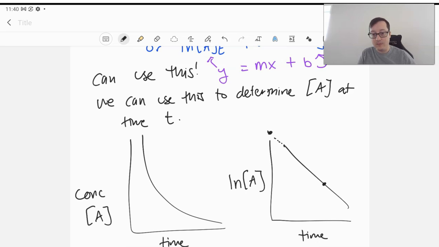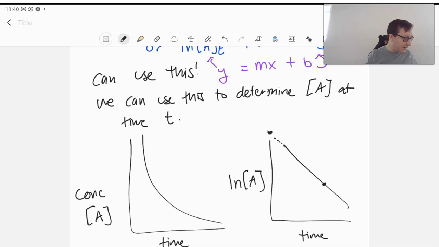We can say, I want to see what's going to happen at 1 minute. How much reactant do I have left? That's what this value is for. And this, of course, is for first order reactants, or products, you could say. So remember that reactions can be first order with respect to a particular reactant, or they can be first order overall. This is for first order with respect to a particular reactant.